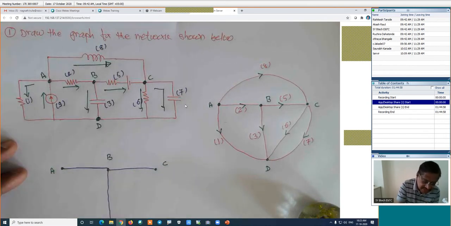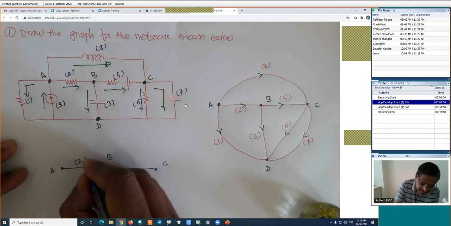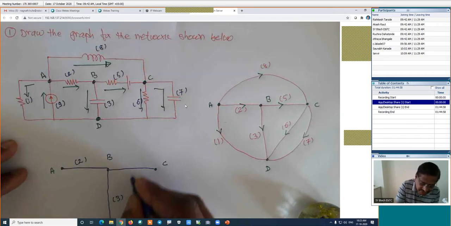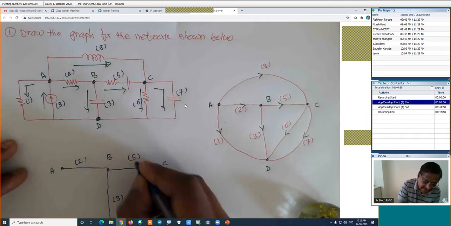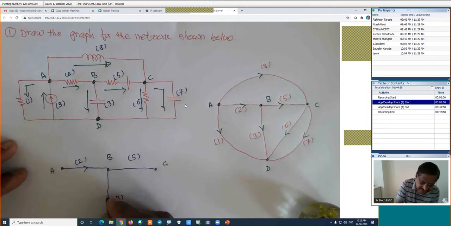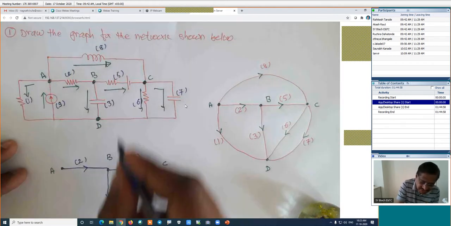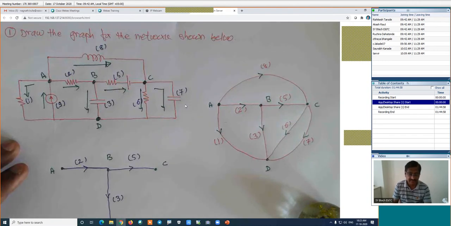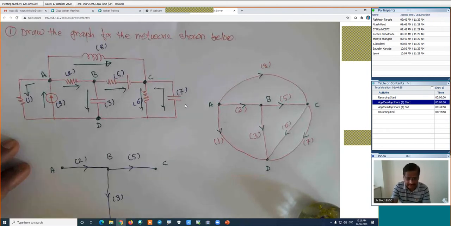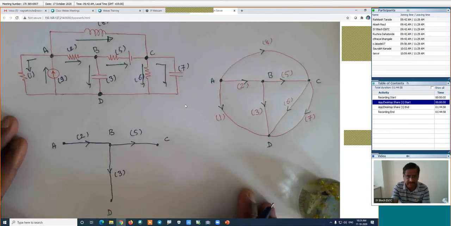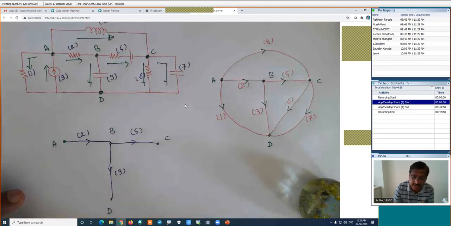Means this is the branch number 2, this is the branch number 3, and this is the branch number 5. Its direction is forward, its direction is downward, and its direction is also forward. Now look at, we have connected all nodes to each other directly or indirectly without forming the loop. There is no loop.